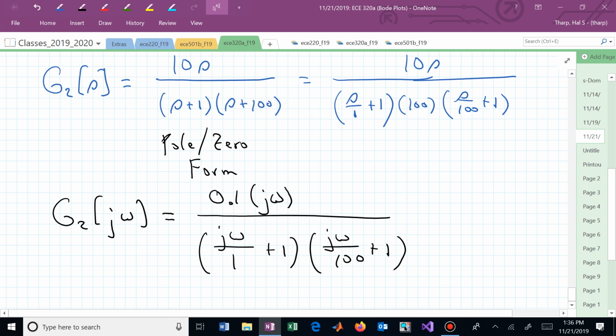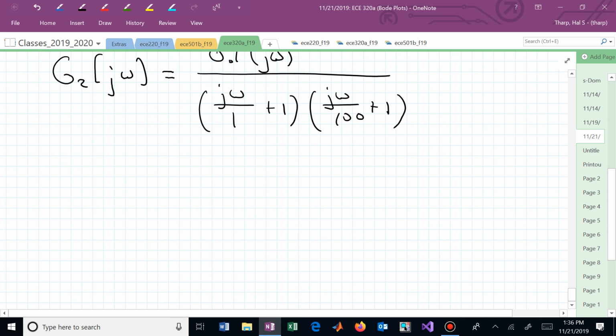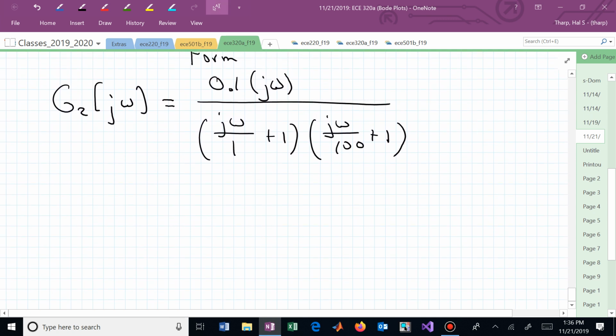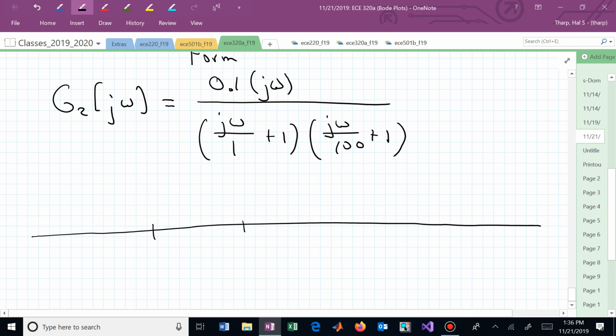A lot's happened between me writing down that time constant form and what we've just gone through. So, if we did this with the magnitude, where do I want to start labeling this?